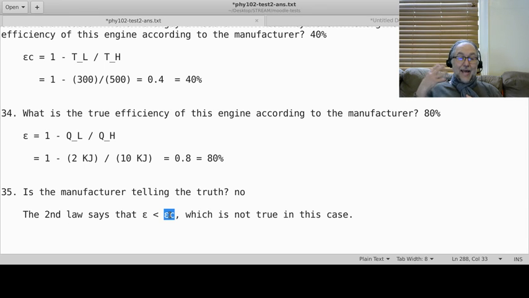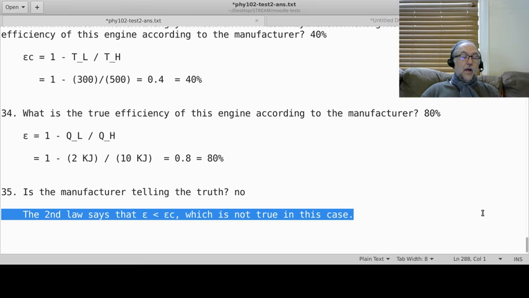The Carnot efficiency is like the ideal, and you can never go past it. Well, take a look here. The Carnot efficiency is 40%, so Carnot says no, you can never get past 40%, but the manufacturer is claiming they can do 80%, so that can't happen. Okay, if they could, then it violates the second law of thermodynamics, and that just doesn't happen.